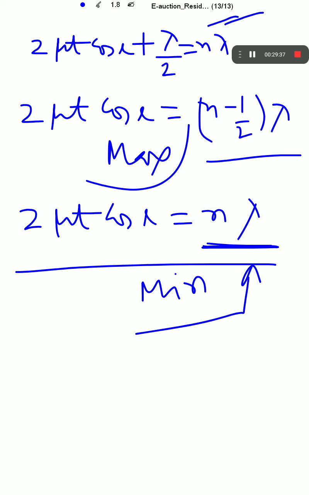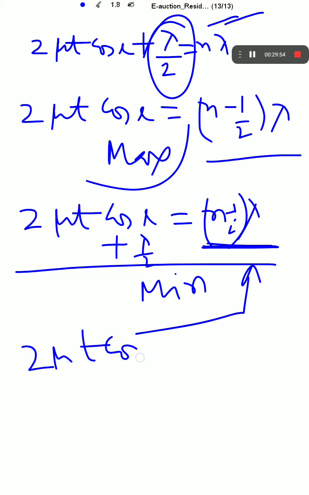This has happened all because of this lambda by 2 term. So the same thing that we have to derive is by adding lambda by 2, and on the right hand side half lambda. So if you make use of these, you can write it as 2 mu T cos R equal to n lambda. This is the condition for minimum.